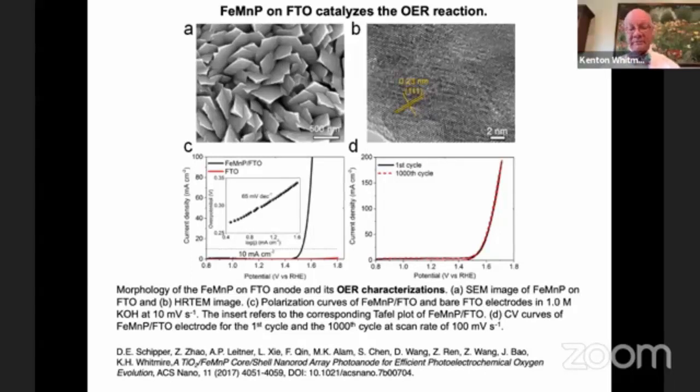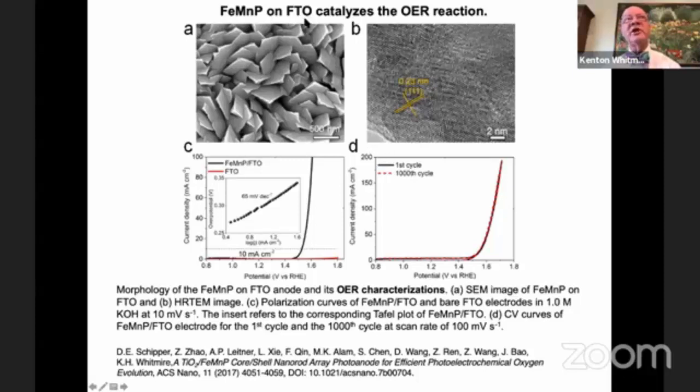Now, there is, I guess, a disclaimer here, which is that we don't actually think when we run the oxidation reaction that we are keeping FeMnP as FeMnP. We believe that there's oxidation taking place on the surface of the catalyst, but the catalysts are very good and they're very stable, and we still see FeMnP on the surface of these electrodes.